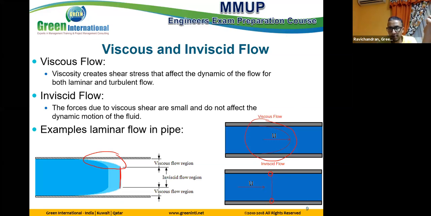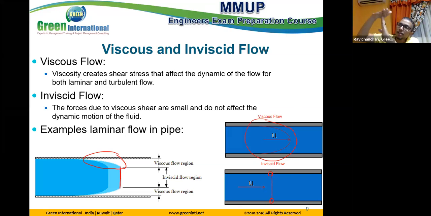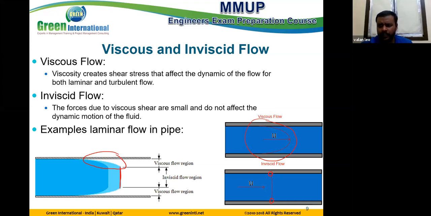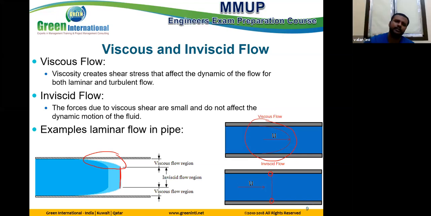At the surface, the flow is still affected by the surface because there is friction, but overall the effect is small, so we can say inviscid flow.